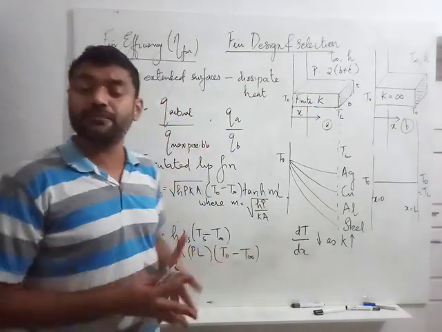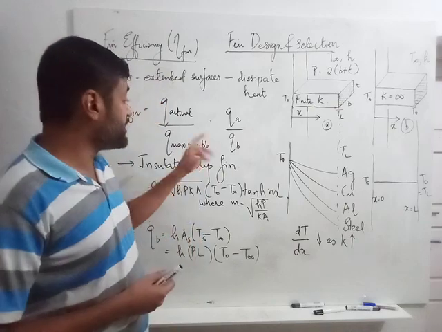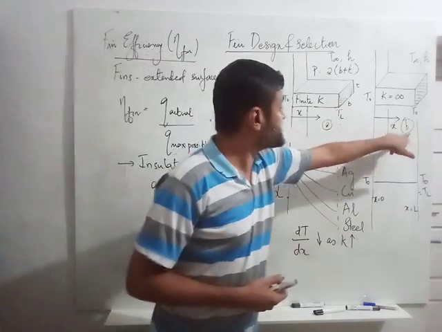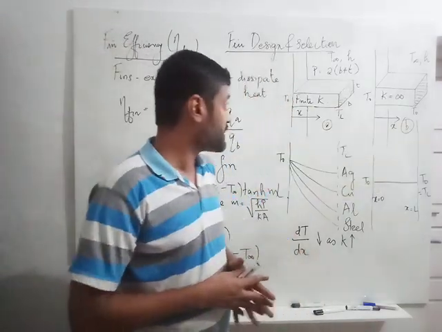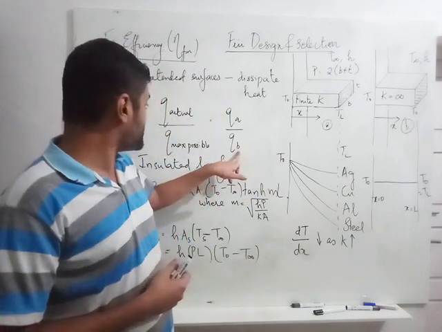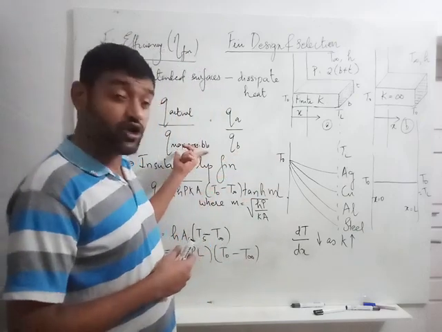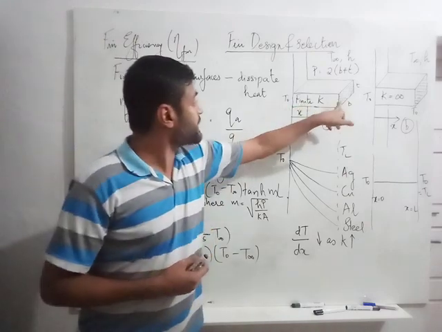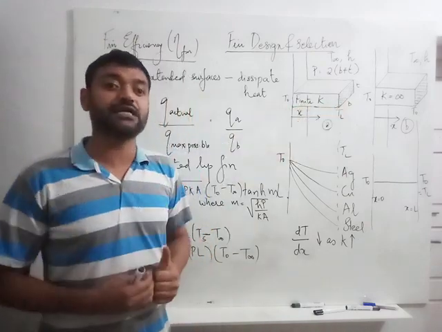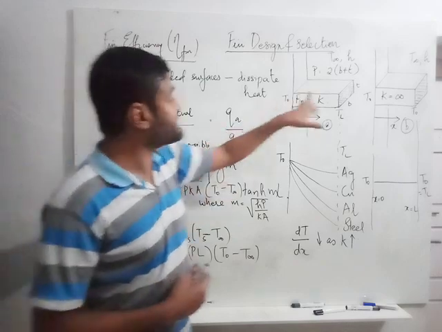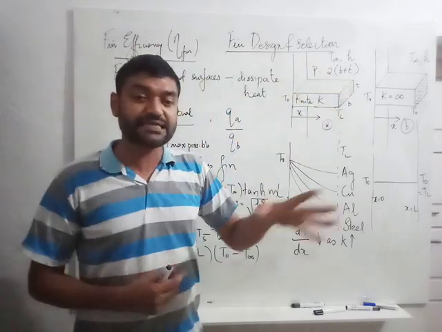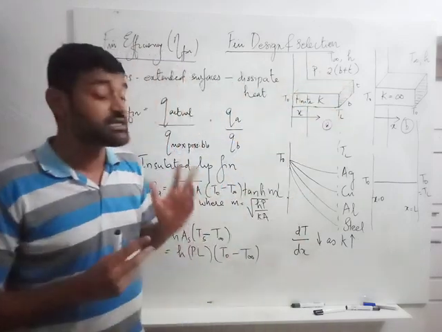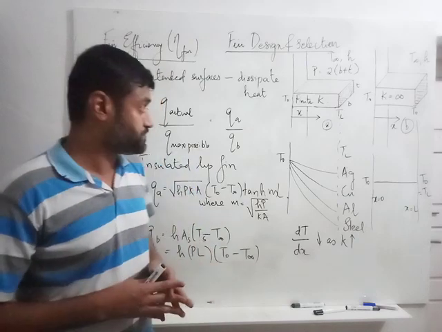Now what is the maximum possible heat transfer, which I have denoted as QB, as sketched in case B. Now when I say maximum heat transfer, when I say Qmax possible, I am referring to the fact that since there is a temperature variation, the amount of heat transfer is reduced. So if I keep the entire fin surface area at the same temperature, I will achieve something known as Qmax possible.